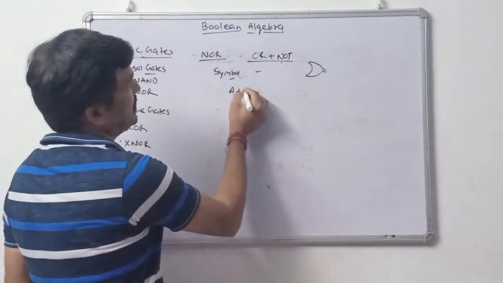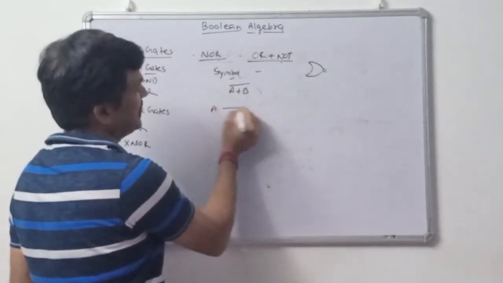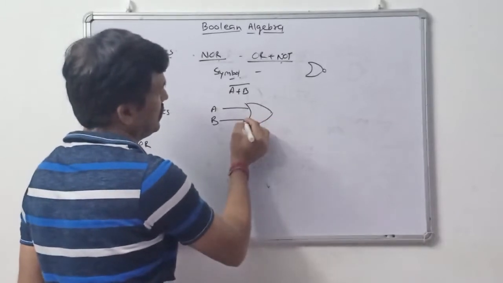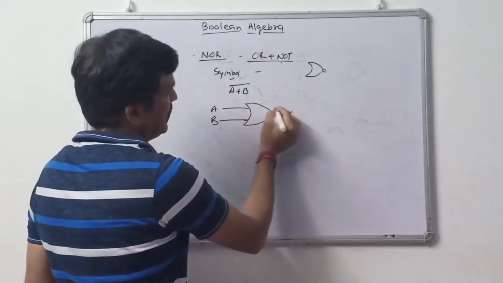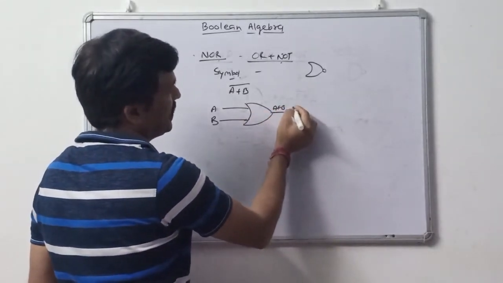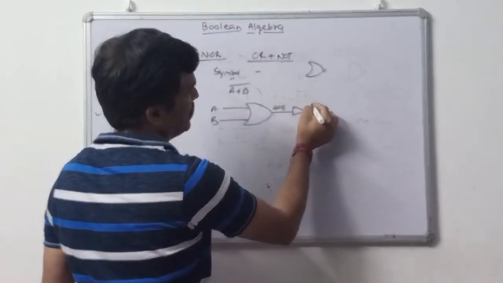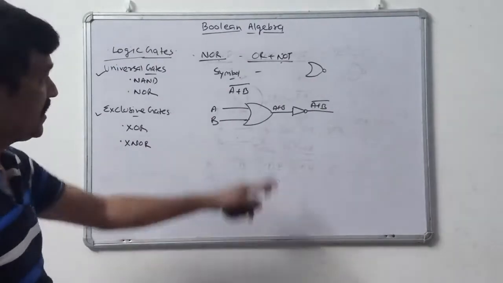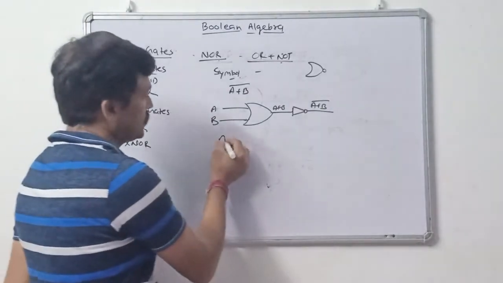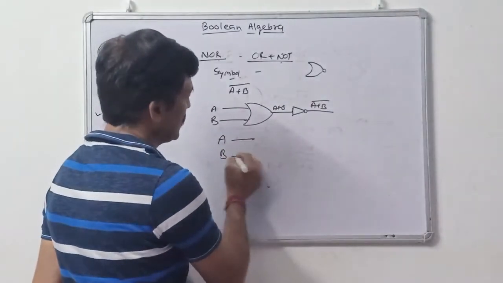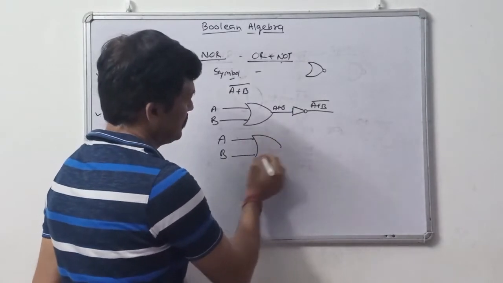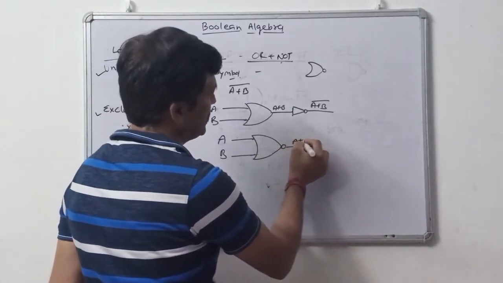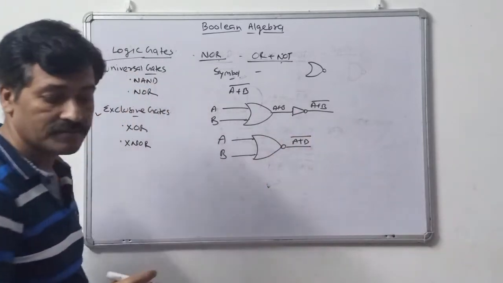If the expression is A plus B whole bar, we can write it as, in OR, A plus B, and when NOT is placed, it is converted into A plus B whole bar. But if we are using NOR, we can directly convert it. It is the same as A plus B whole bar.